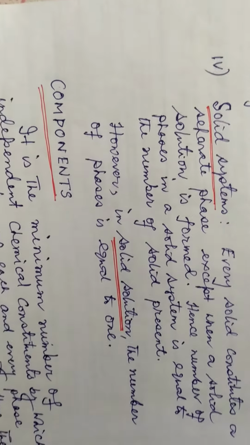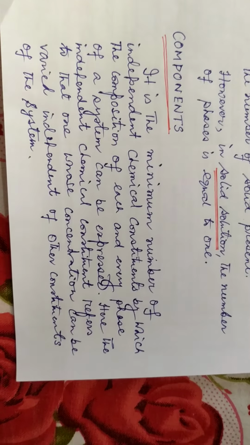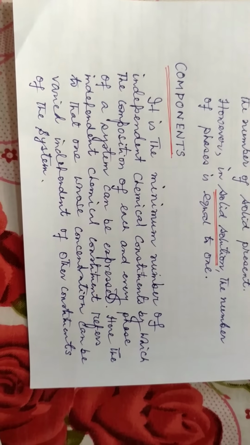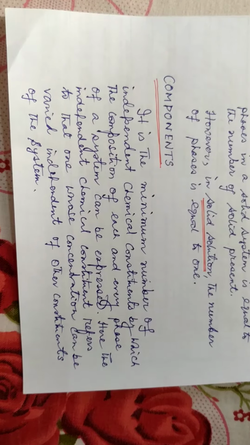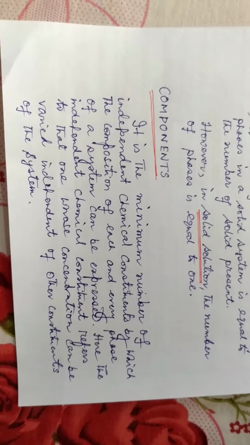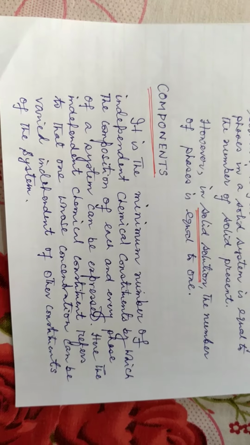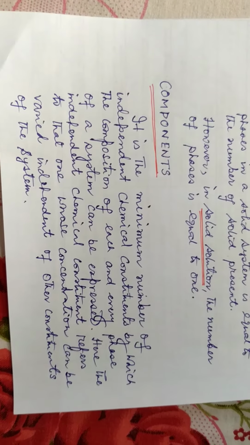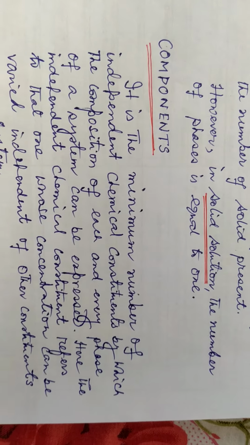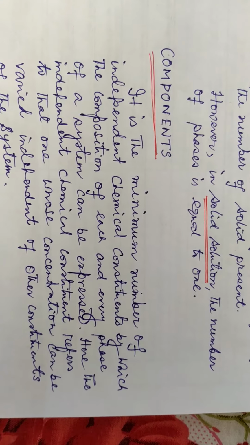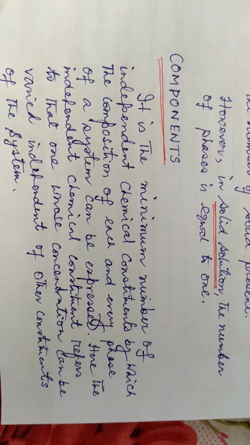Now we will discuss components. What is component? It is the minimum number of independent chemical constituents by which the composition of each and every phase of a system can be expressed. I repeat, it is the minimum number of independent chemical constituents by which the composition of each and every phase of a system can be expressed.